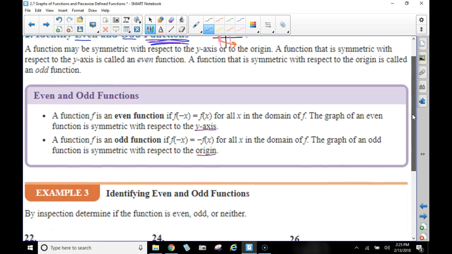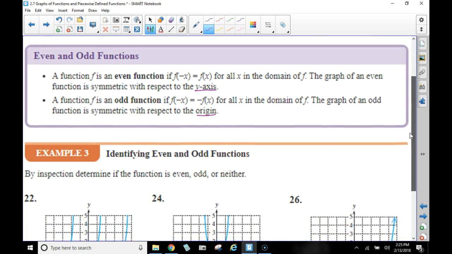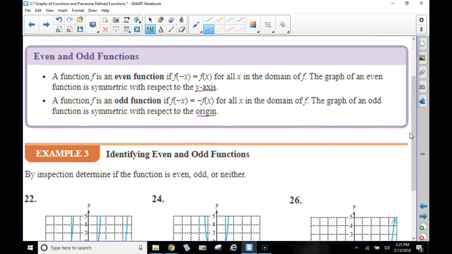Now, there are actual technical tests to see if we have an even function or an odd function. What does it mean for a function to be even? An even function is nothing more than a function that is symmetric about the y-axis. You remember that absolute value graph? That would be called an even function.